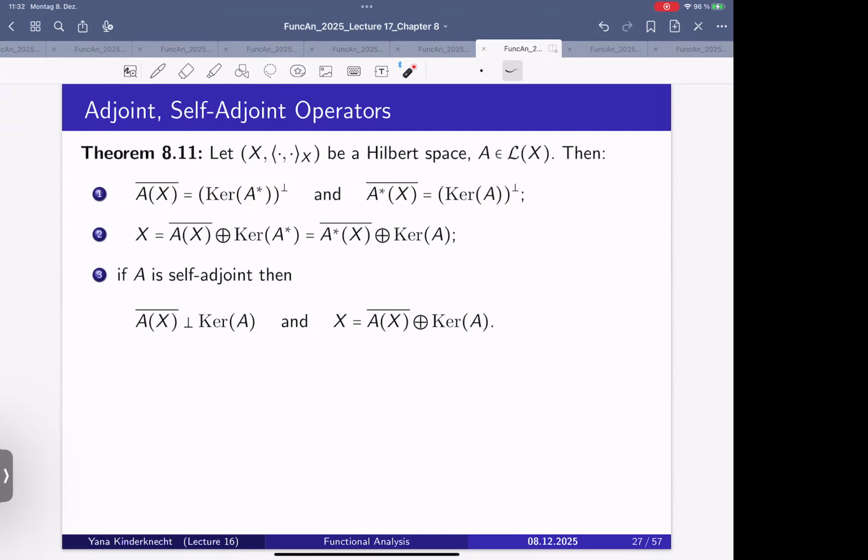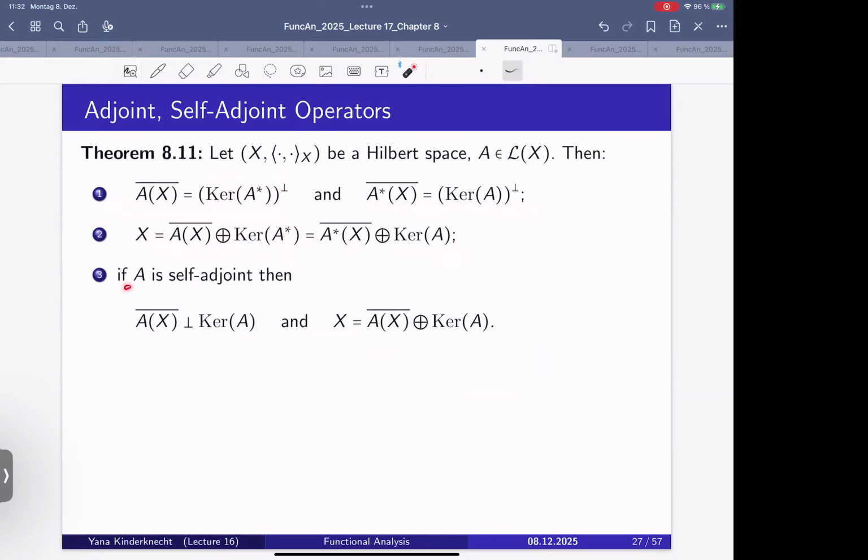So the closure of A(X) is the orthogonal complement to this, and hence X can be represented as a direct sum of this space and its orthogonal complement. So one implies two immediately. From here we have this direct sum, from here we have this direct sum.